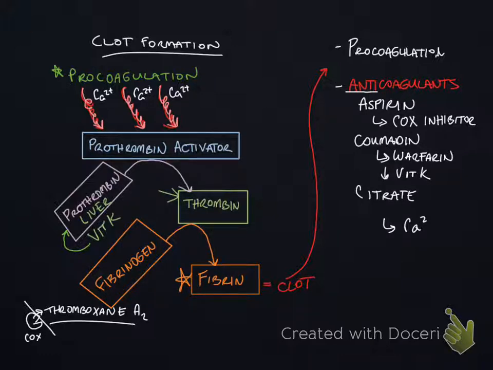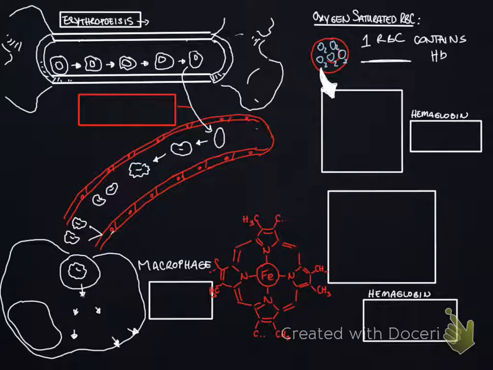Okay, so if we don't have calcium, then we don't get prothrombin activator. All right, so be aware of all of these proteins that I have listed here, and then also the anticoagulants and what we would not make if we took, say, aspirin or Coumadin or citrate. Okay, let's keep moving on.